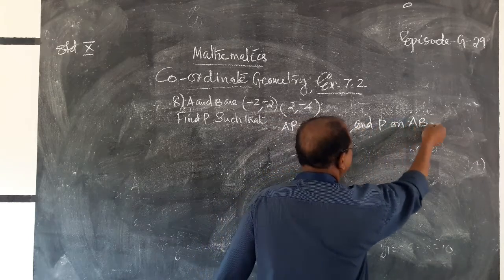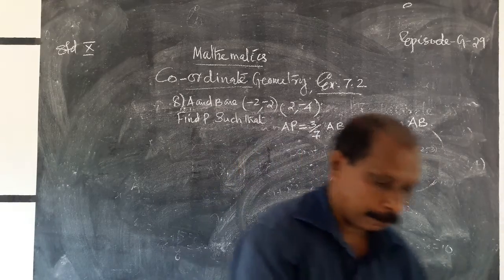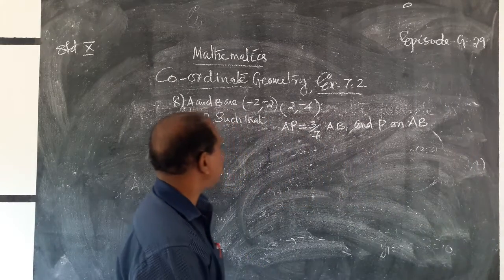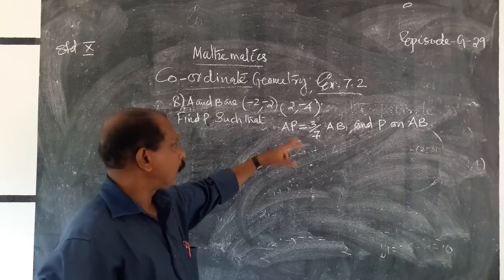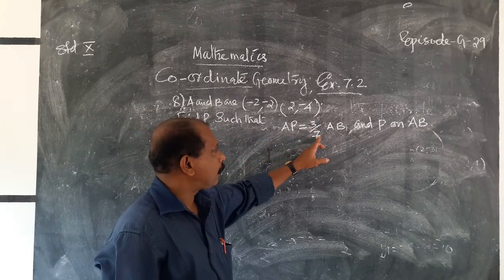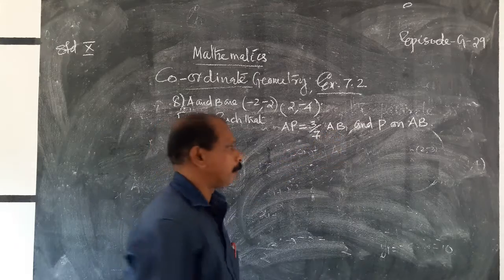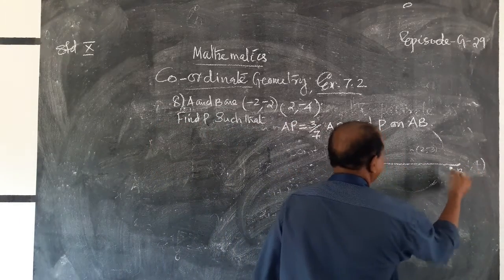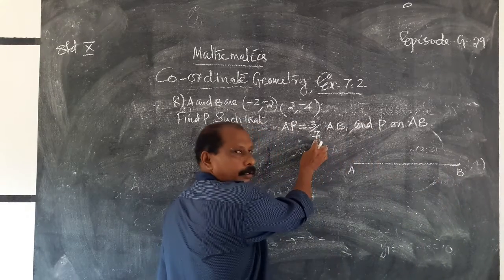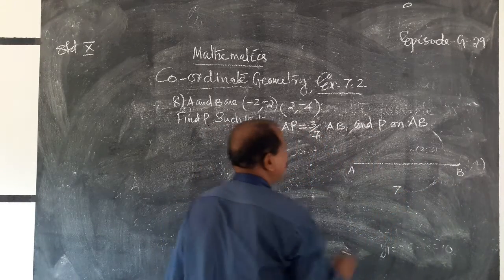P on AB means what? It is an internal point. Listen, P is a point, A and B are given. AP is equal to 3 by 7 AB. That means the total length of AB is 7.